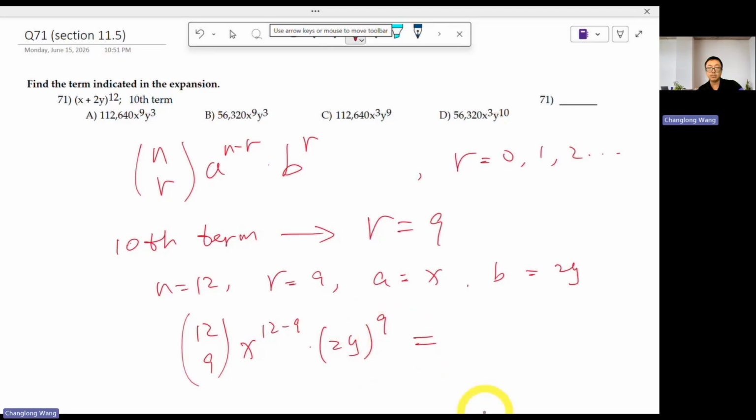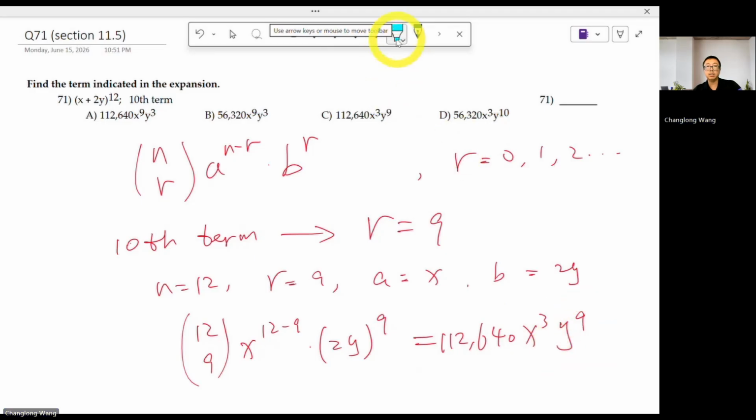And that has to work out, if you put everything together, for 71, it will be 112,640 x to the 3rd, y to the 9th.